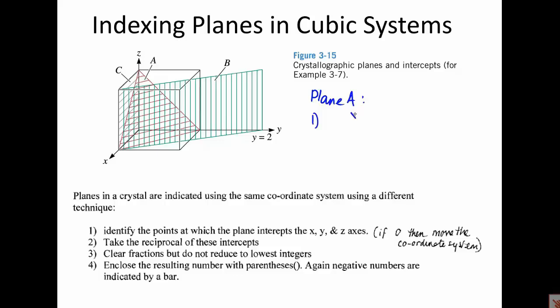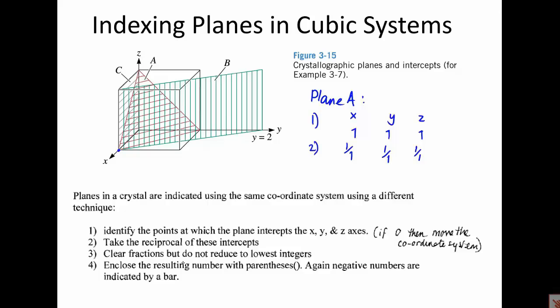So 1, we see the intercepts. You see how the red plane is cutting the x-axis at location 1. It's cutting the y-axis at location 1, and it's cutting the z-axis at location 1. The second step is to take the reciprocal of these intercepts. In our case, it's very simple.